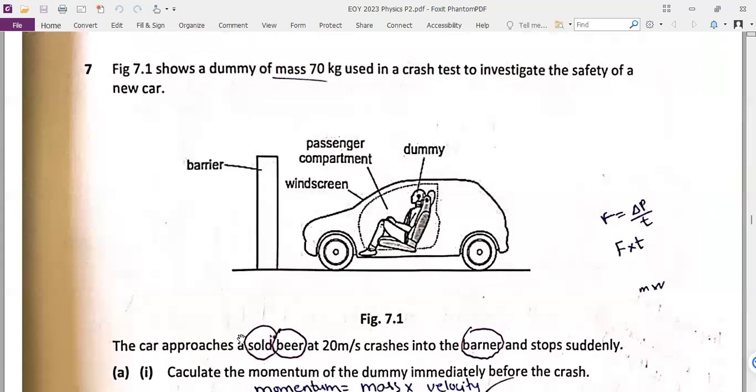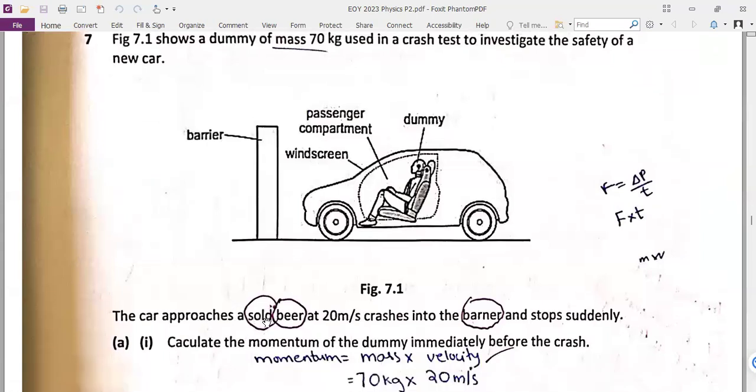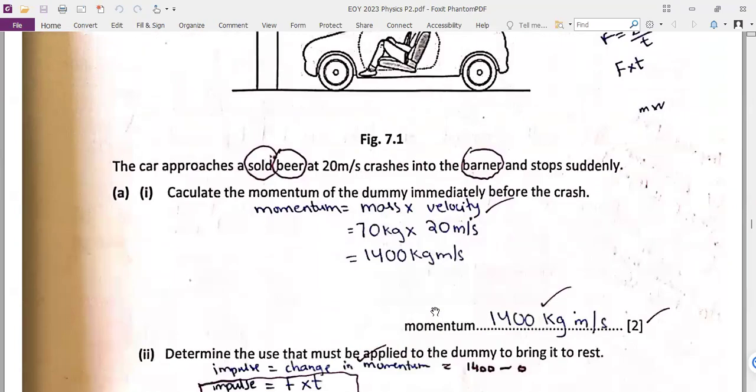Momentum question. The car approached a solid barrier at 20 meters per second and stops. Momentum before the crash, mass times velocity.